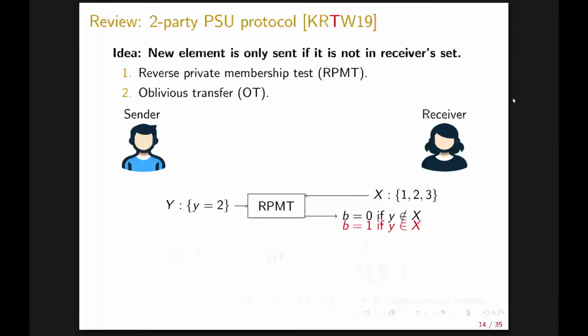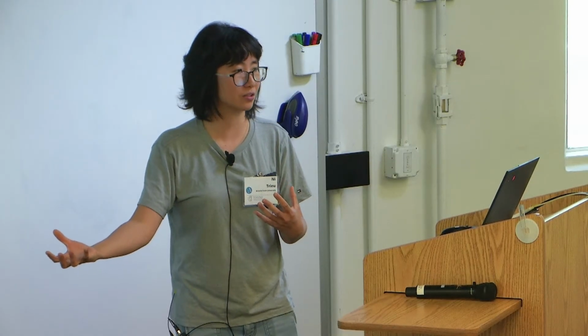Again, to see how you can go from two-party to multiple party, I want to have a very quick review on the two-party setting right now, how people are doing it. A very, very naive idea is that I'm the sender, and I only send the item to you if you don't have that item, right? So this is the key point for union.